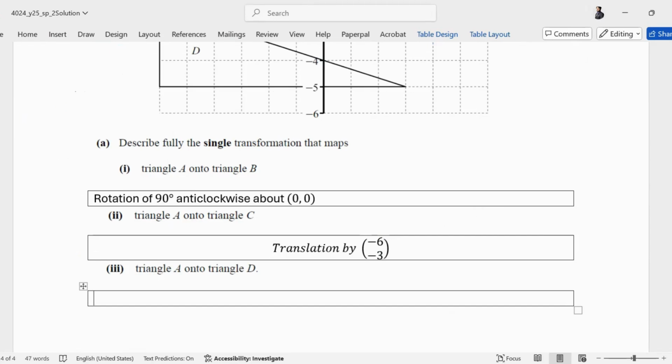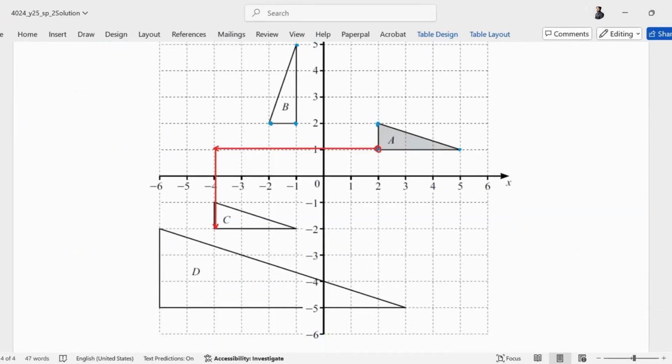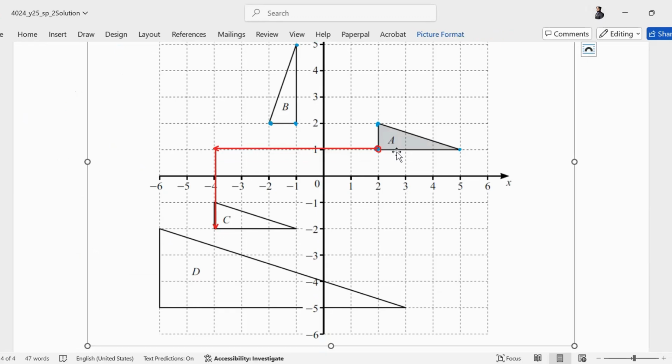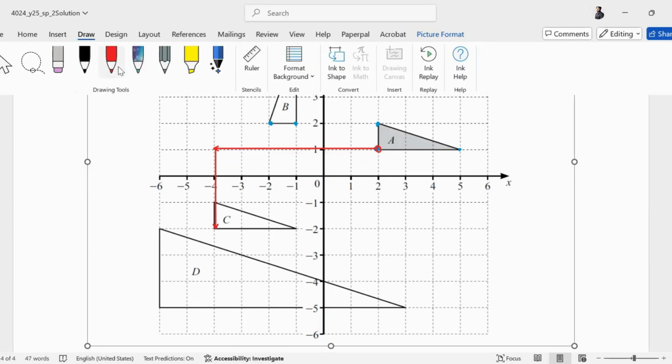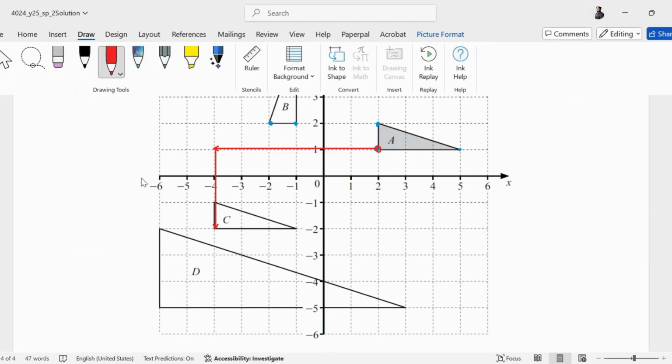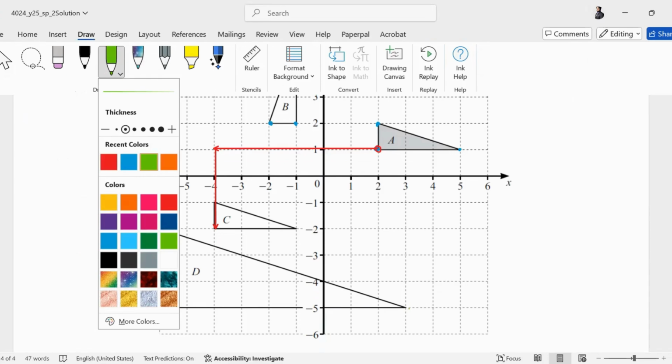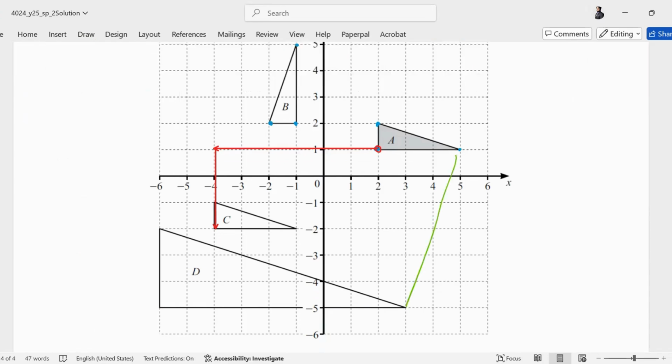And you see triangle A onto triangle D. You can clearly see that it is an enlargement. A is being enlarged onto D, and the image is not flipped or rotated in any way whatsoever. So it is enlargement with a positive scale factor. I'll be using the straight lines from object to image to figure out my center, and I'll extend those lines to know my center.